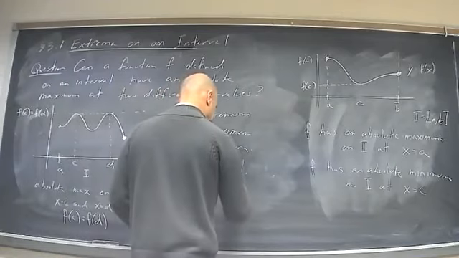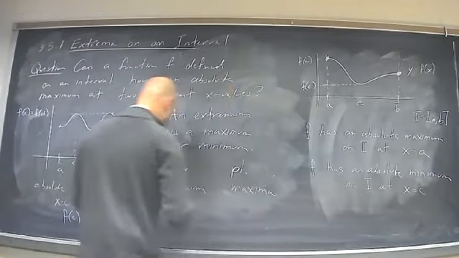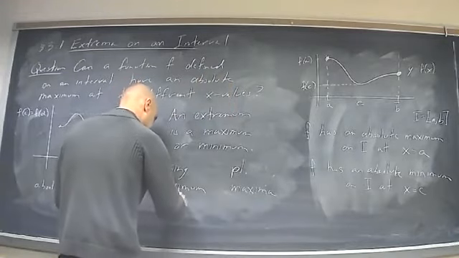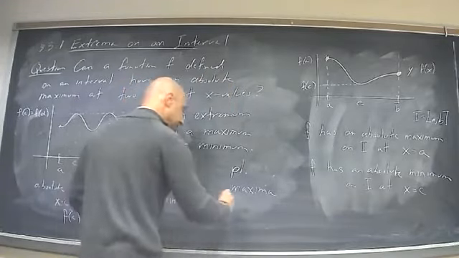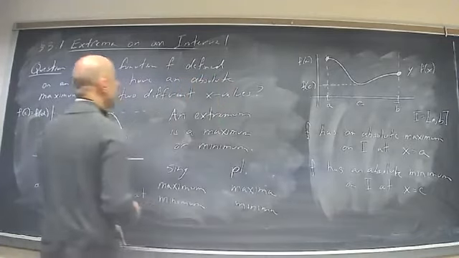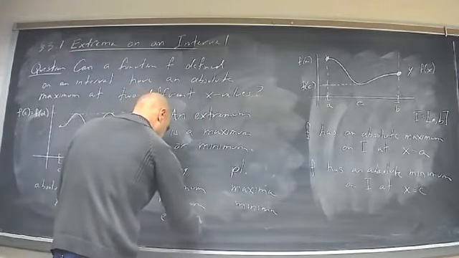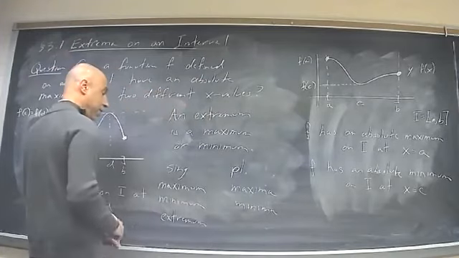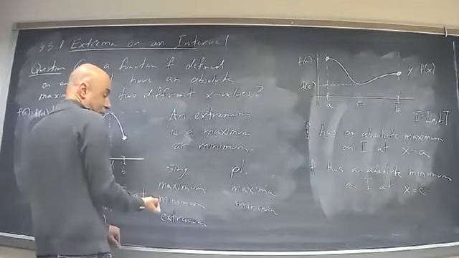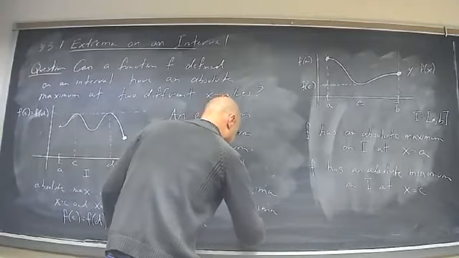The plural is maxima. And for minimum, it's minima. And for extremum, which is just a word that means maximum or minimum, it's extrema. Now you understand the title of the section.